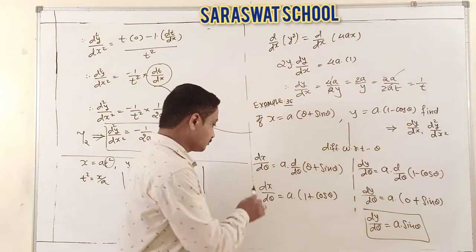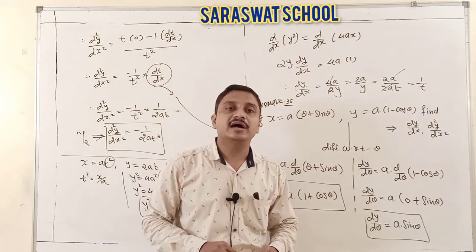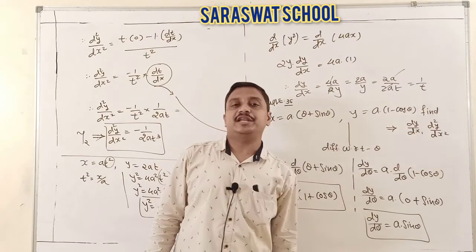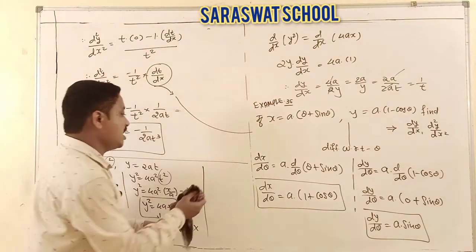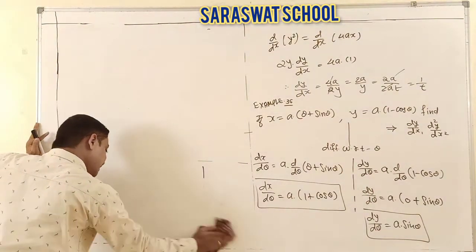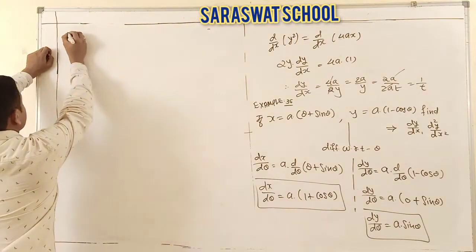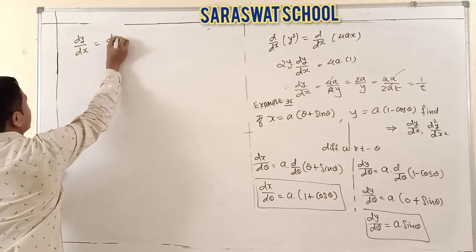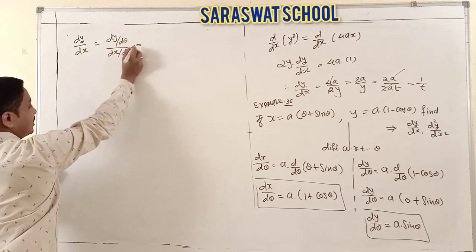Students, here dx by d theta and dy by d theta are done. Now I start my first order derivative dy by dx. I explained to you that the first order derivative dy by dx is dy by d theta upon dx by d theta.